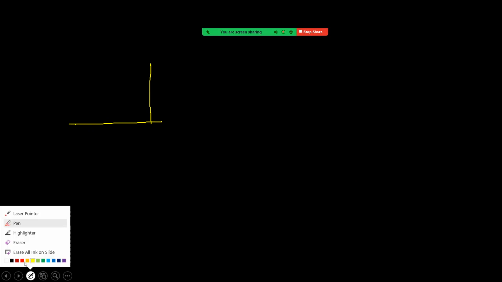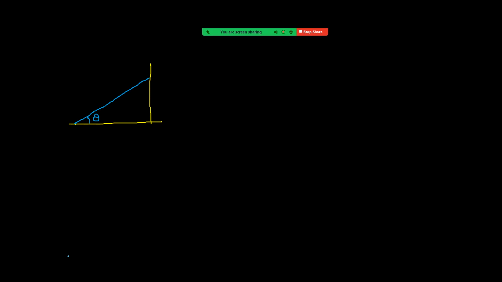So given a ladder which is leaning against a wall. This angle is theta.